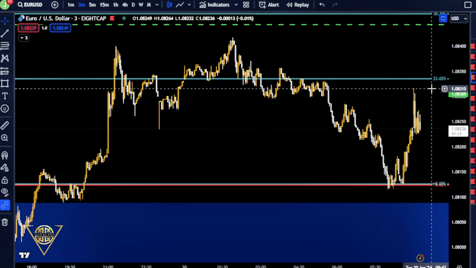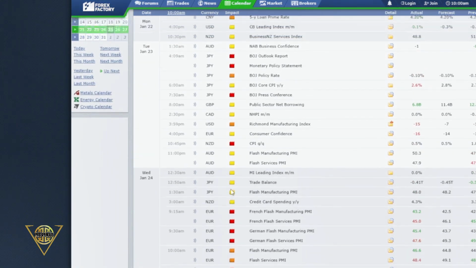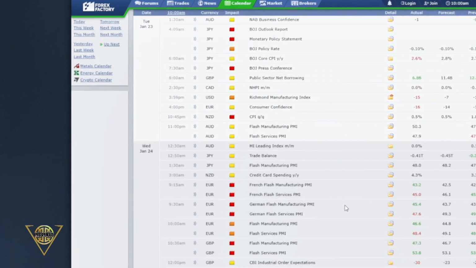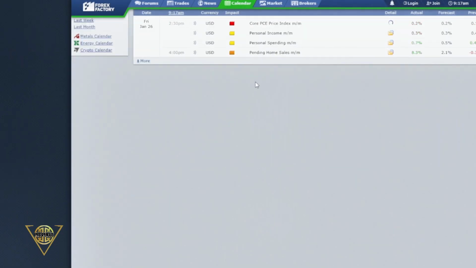And by the way, speaking of news, before I start looking at silver bullet things, let's go to the news. We have Tuesday today, orange folders on USD. If anybody's trading JPY, we had, oh sorry guys, let's refresh this thing.